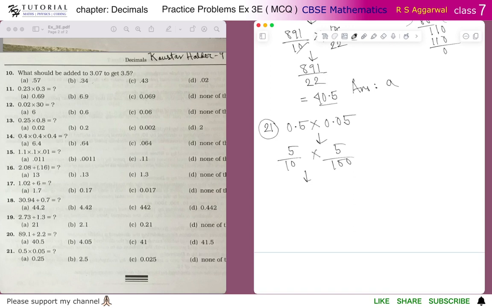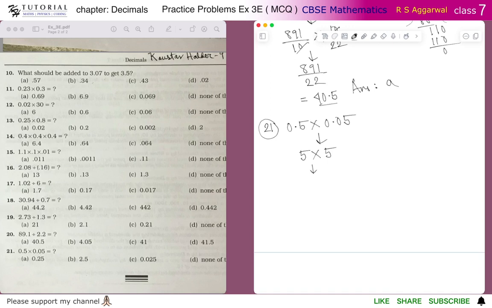Now, it is a multiplication. Okay. Oh, sorry. This is a multiplication of two decimal numbers. So the steps we follow are that we multiply both the decimal numbers as whole numbers, omitting their decimal points. So this becomes 5 multiplied by 5.